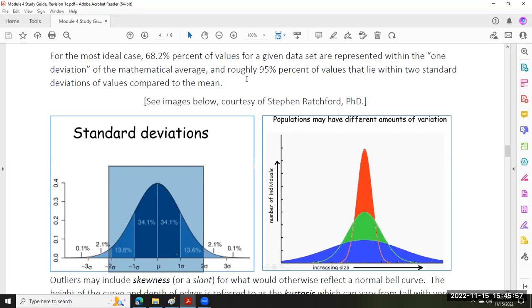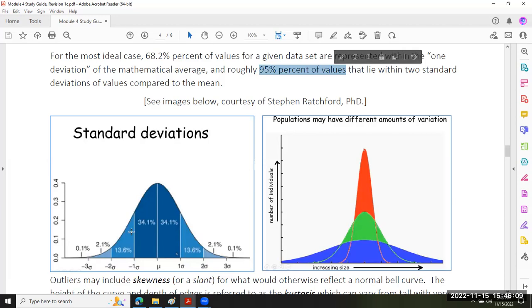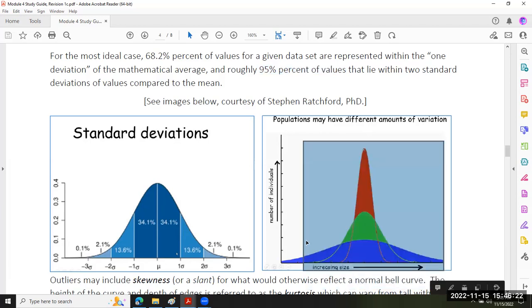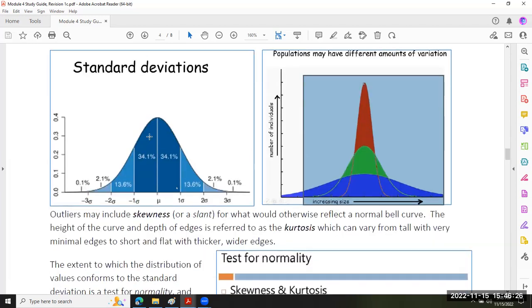What's interesting to understand is that in nature, if you take 2 standard deviations from here to here, 95% of your values lie within those ranges. And that's where a regular pattern exists. And then if you get something that's really off or different, that's significant. That's when you start to realize, hey, there's something going on here.